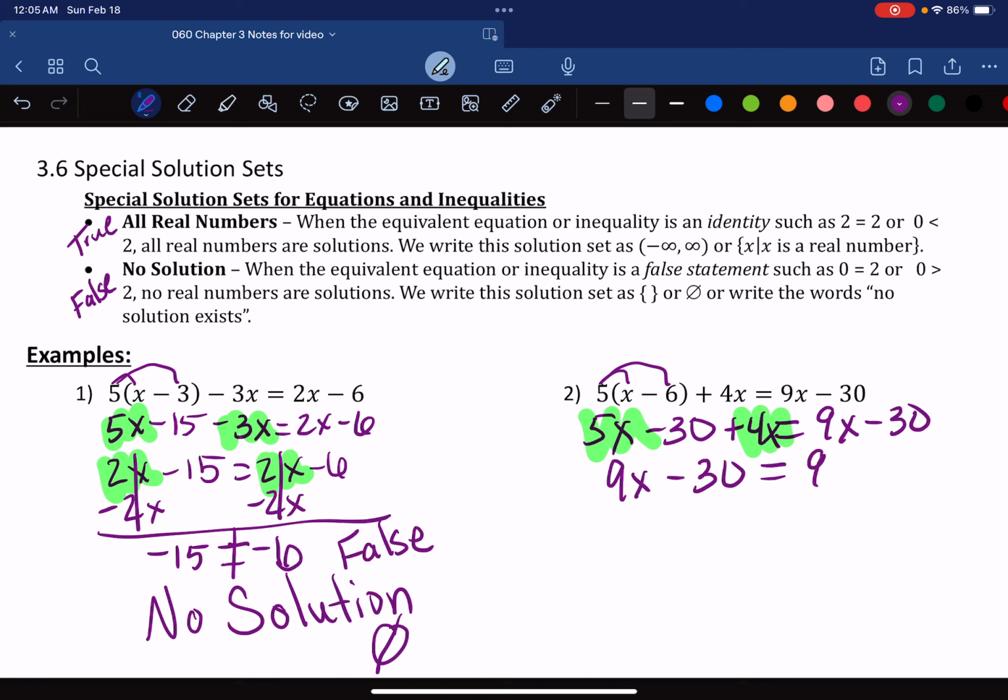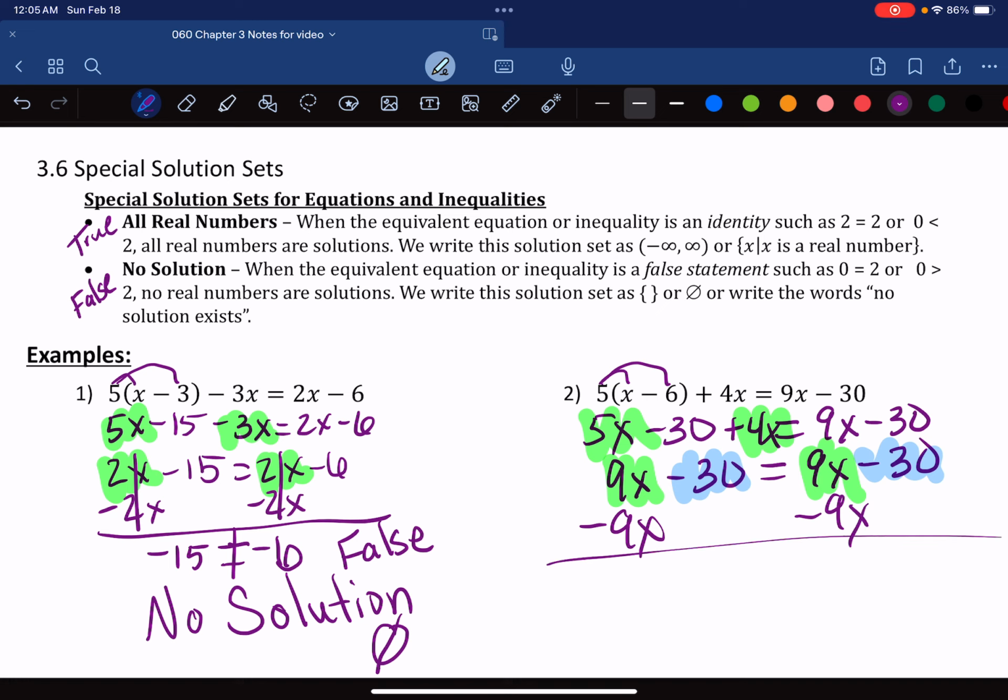And you'll notice that that leaves us with 9 x's on each side, but it also leaves us with minus 30 on each side. Now let's say we didn't see that they're the same on each side. We'll subtract the 9x from both sides, and that leaves us with negative 30 on both sides.